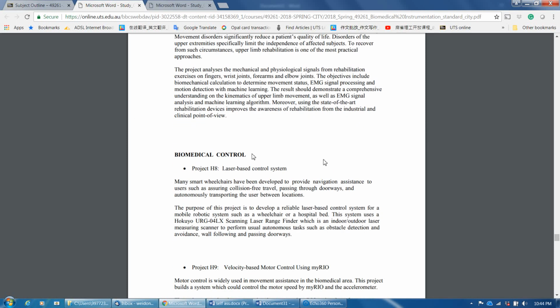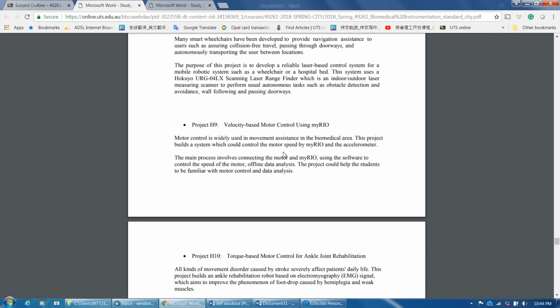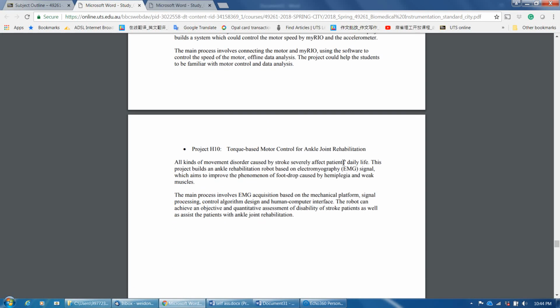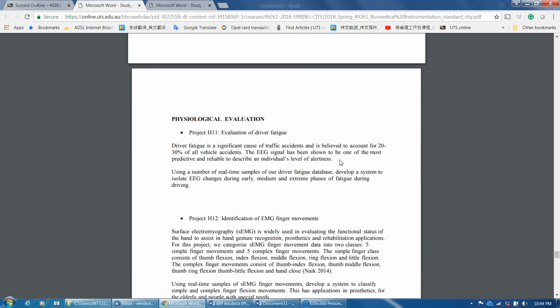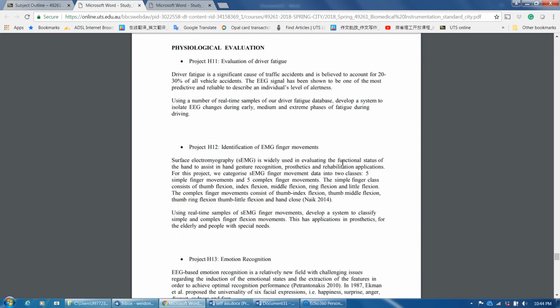And we also have biomedical control related projects, like a laser-based control system, and also velocity-based motor control using rail, and also torque-based motor control of ankle joint rehabilitation. We also have some physiological evaluation projects, such as evaluation of driver fatigue based on EEG.